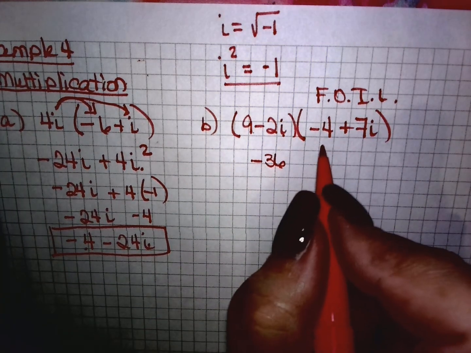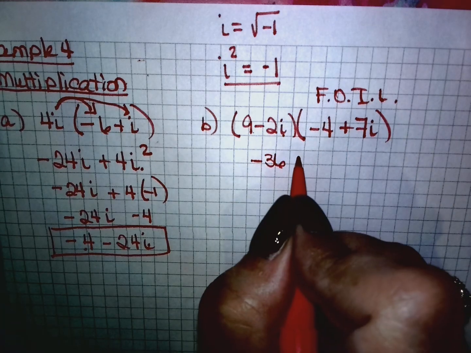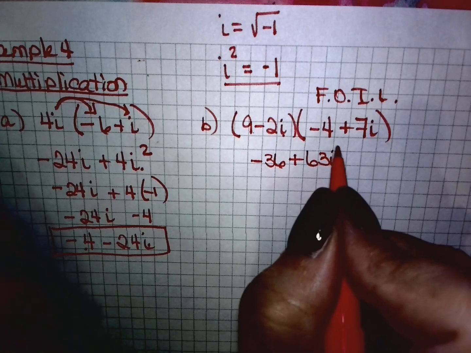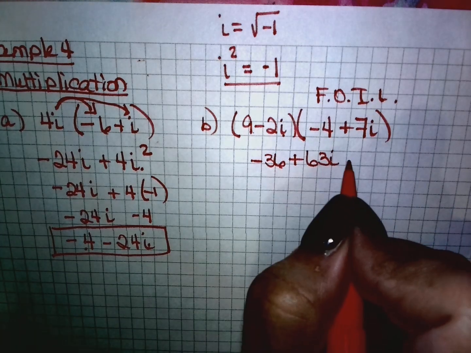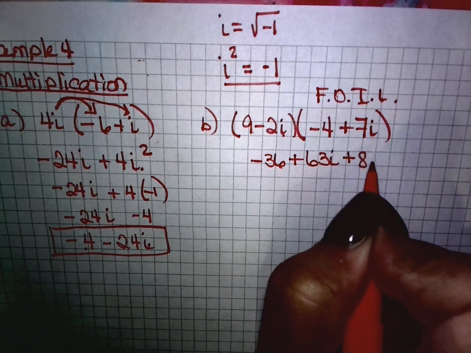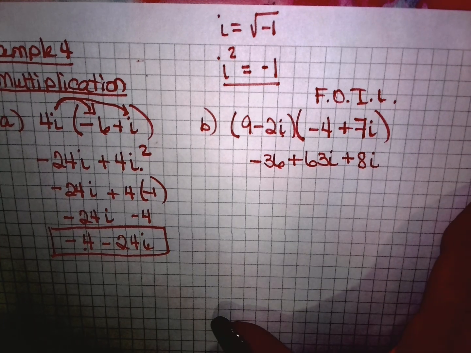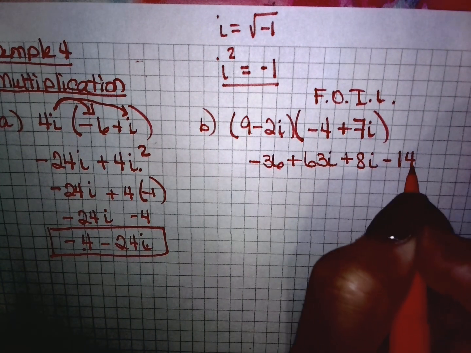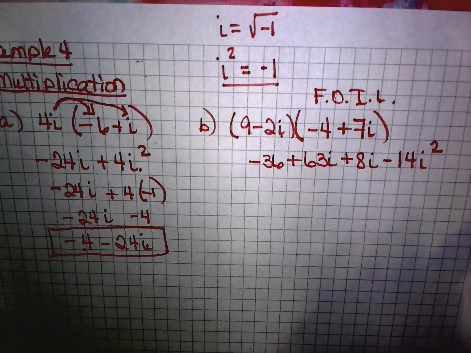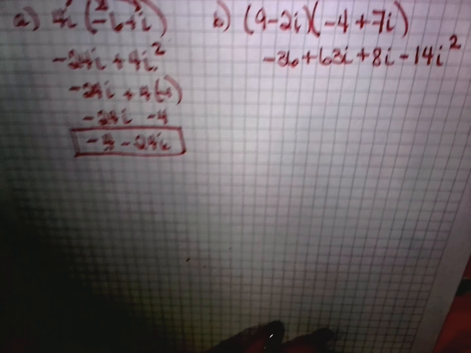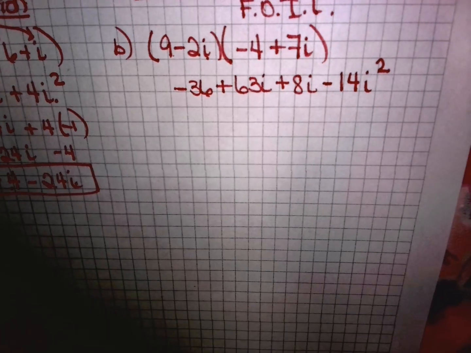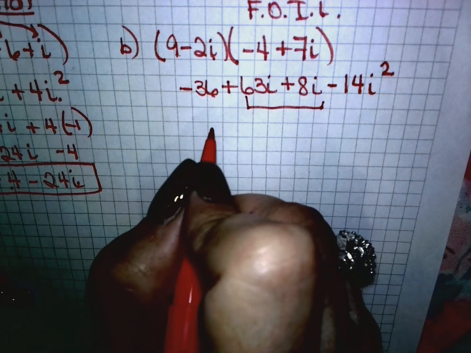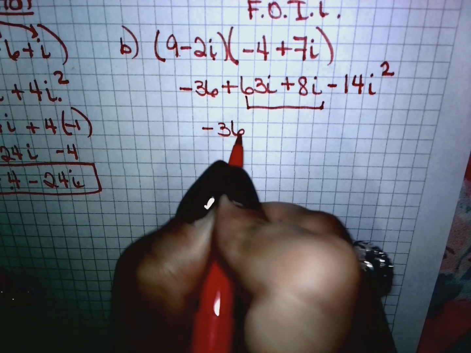36. Then we have outer, which is 9 times 7i. That's going to be 63i. Inner is going to be negative 4 times negative 2. That's positive 8i. And negative 2i times 7i, that's going to be negative 14i squared. All right, time to simplify. These two guys here are like terms, so we are going to add them together.